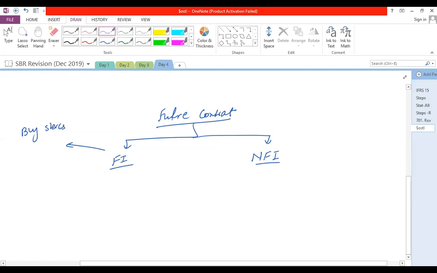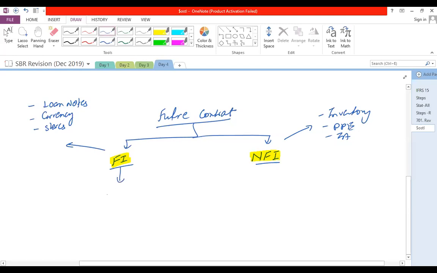Because shares is a financial instrument, we are going to classify it as a derivative in this case. But if we are planning to buy inventory in the future, any property, plant and equipment, any intangible asset, all these are non-financial instruments. If we are making a contract to buy shares, currency, or loan notes, all these are financial instruments. So first we need to check whether the contract relates to a financial instrument or a non-financial instrument.